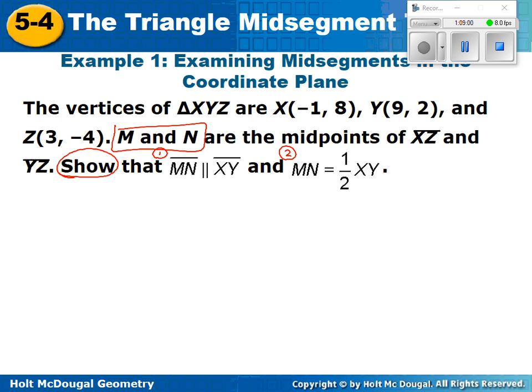So the first thing you're going to have to do is what? Graph it. Draw the triangle. So make sure you graph this. I'm going to go ahead and graph mine up here pretty quickly.